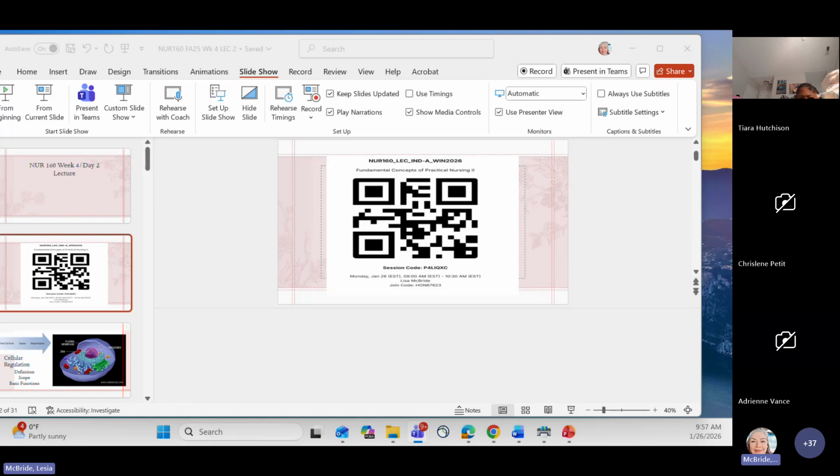Again, if you could not see the screen, I will actually save my notes to SurePath. I've updated them. I've added my information. So I'll put those on SurePath so you guys can have access to that.